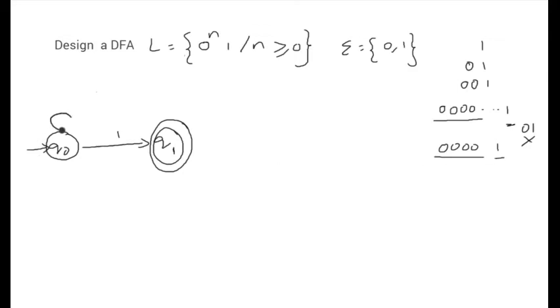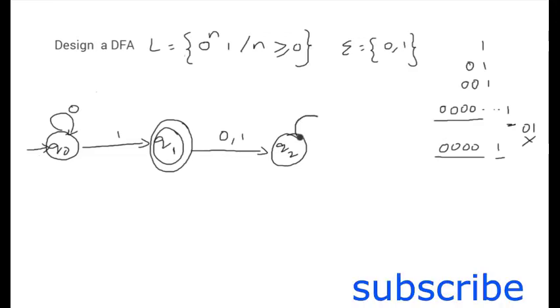So any number of zeros can be represented as Q0 on 0 staying in the same state, and then followed by 1. On Q1, if it has seen any 0 or 1, it should not be accepted. So here Q2 must be the non-final state. On Q2, if it has seen any number of zeros and ones, it should be in the same state. Here Q2 is a dead state.